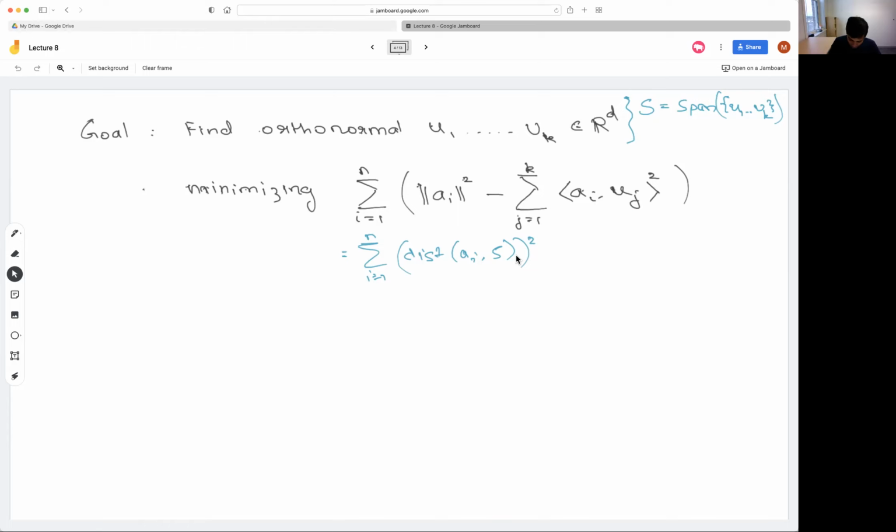Equivalently, we can say we are trying to maximize whatever appears with a negative sign, because this part does not depend on U1 to UK.